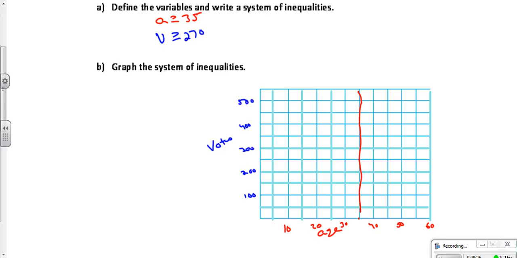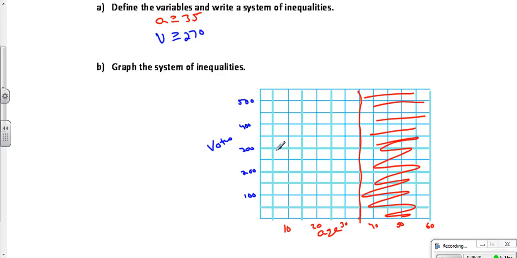There we go, solid line at 35, and everything greater than works. Okay, now the votes must be a minimum of 270, so here's 200, 250, 270 would be about there. I can include 270, so I'm going to go right across, and everything greater than that works.